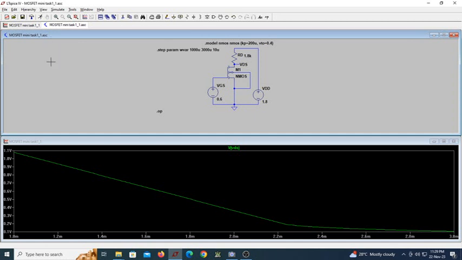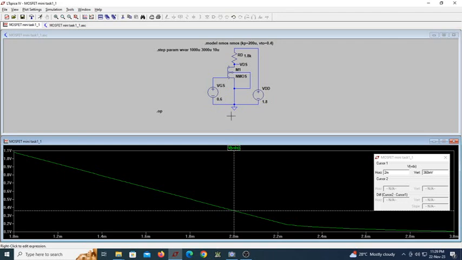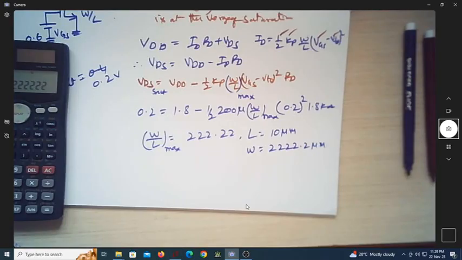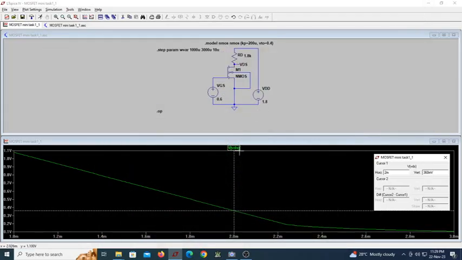Now, what voltage are you looking at? You are looking at a voltage of 0.2. You find out for what W by L you get 0.2, because the expected VDS sat is 0.2 volts.